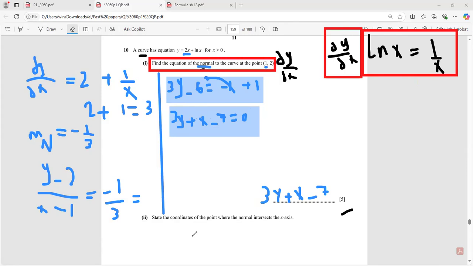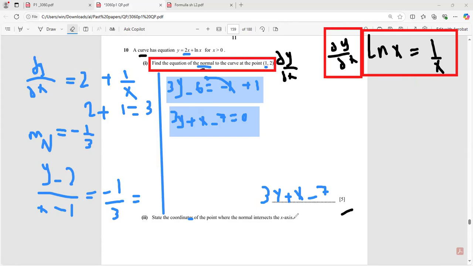Let's see the next. He asks for the coordinate of the point where the normal intersects the x-axis. When the normal intersects the x-axis, the y will be equal to 0.